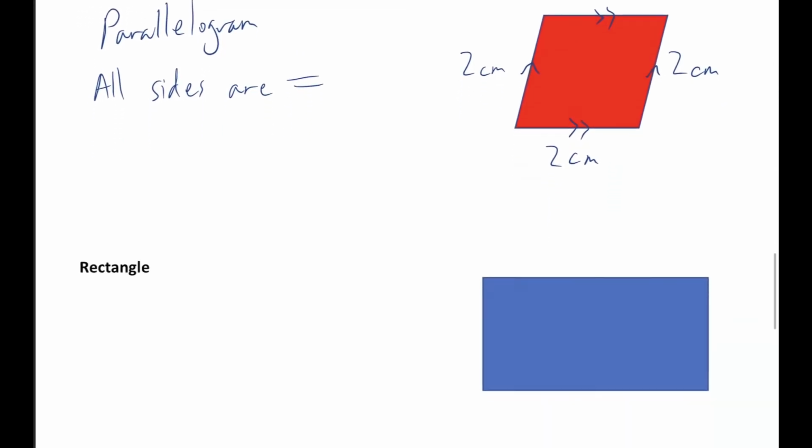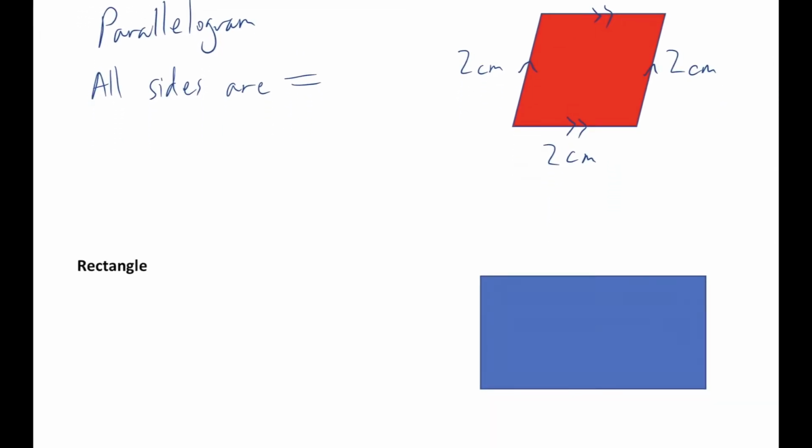All right, next type is a rectangle. Now a rectangle is also a parallelogram. So my rectangle is a quadrilateral, has 4 sides. It's a parallelogram, so because it's a parallelogram, I know that my opposite sides are parallel. I know that my opposite sides are congruent.